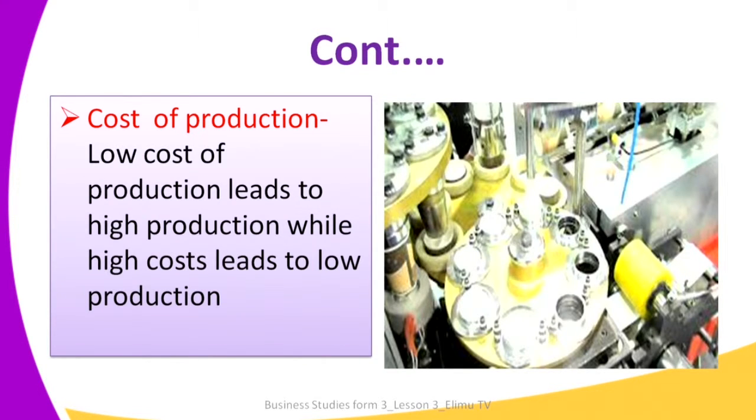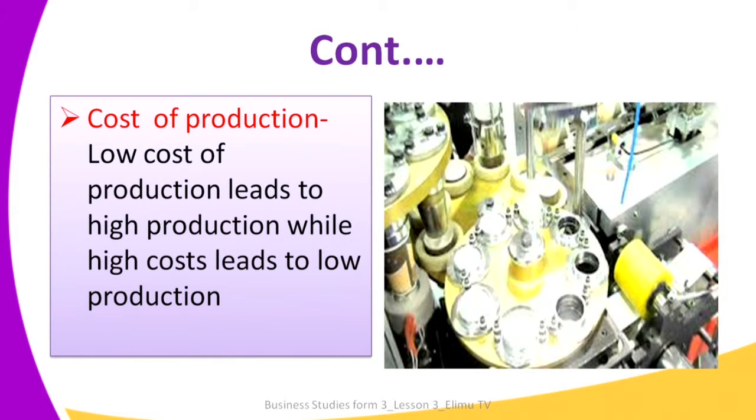The other one is the cost of production. The other factor affecting supply is the cost of production. Now, the cost of production is the cost that the producer incurs in the process of manufacturing the product. So you find that if the cost of production is low, it leads to high production.